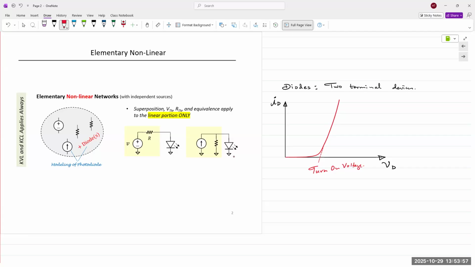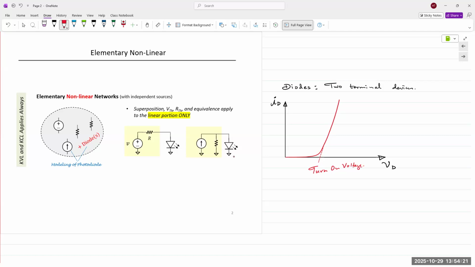If you have a circuit as shown here, with linear resistors and nonlinear diodes, you can still separate them out and apply superposition and Thevenin and Norton techniques to the linear portion of that circuit.